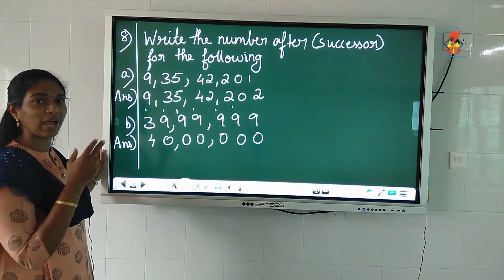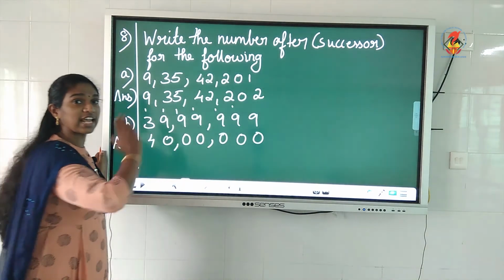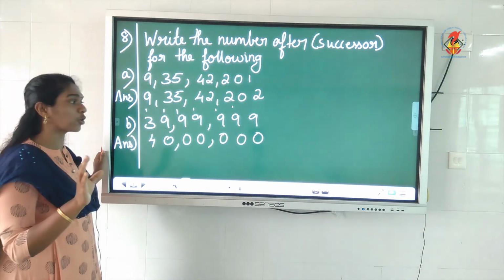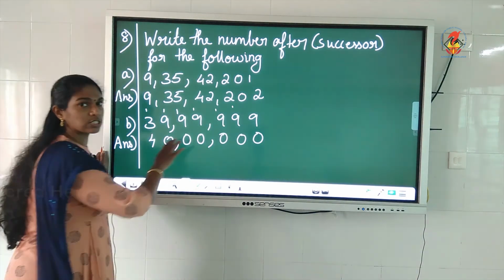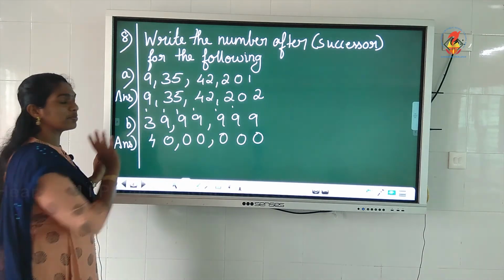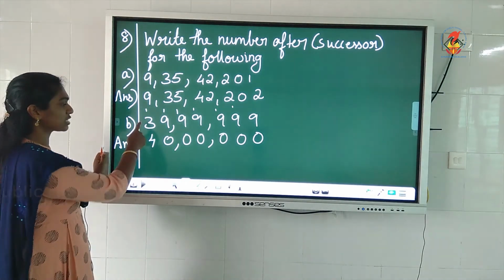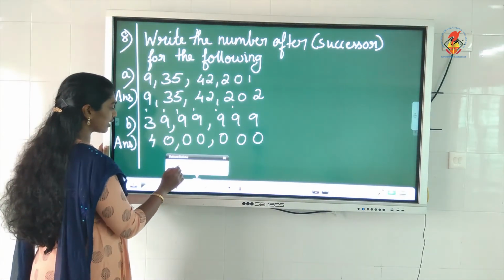So you don't have to keep adding. Put all the 9s as 0, only if the 9s are at the end. If you find any 9 in between, please don't change that 9 to 0. Only if you have the 9s at the end, all those 9s will become 0 and the number before 9 will become 1 more. Here it was 3, so it became 1 more, it became 4. Clear, children?